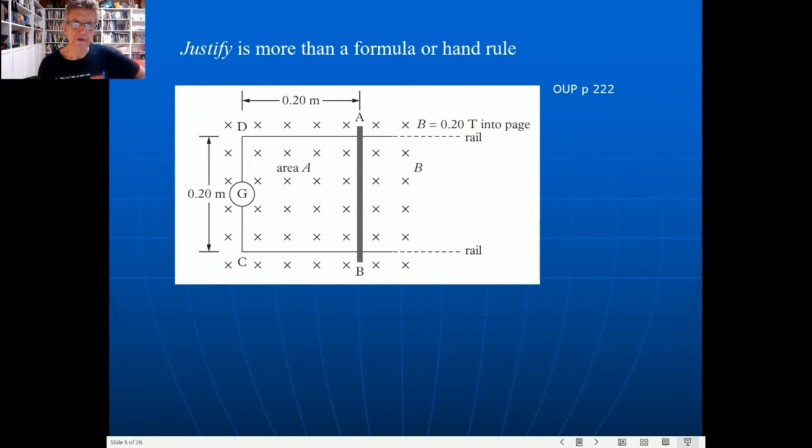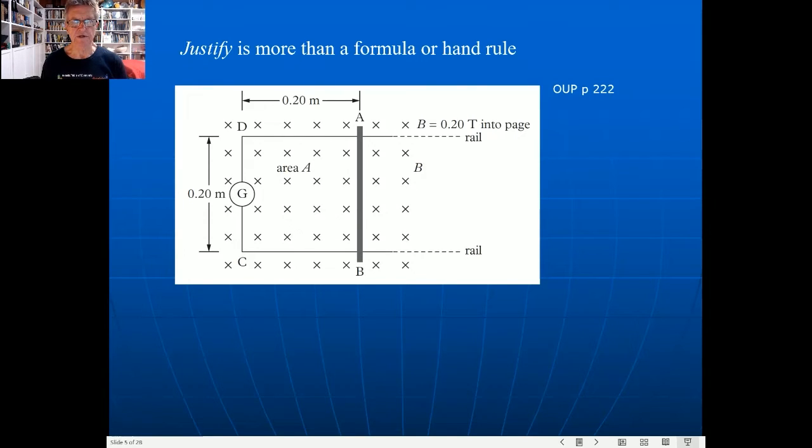Now this diagram, I've just taken it out of my textbook, the Oxford textbook, just so you don't think I'm using copyright materials. But on the QCAA exams, you'll always get questions about changing flux and induced currents.